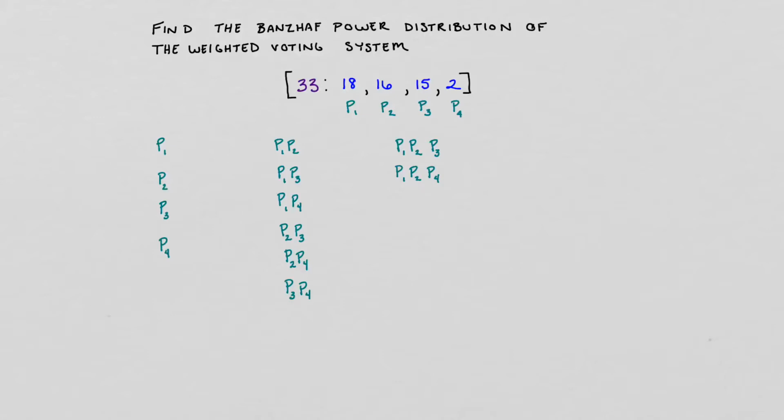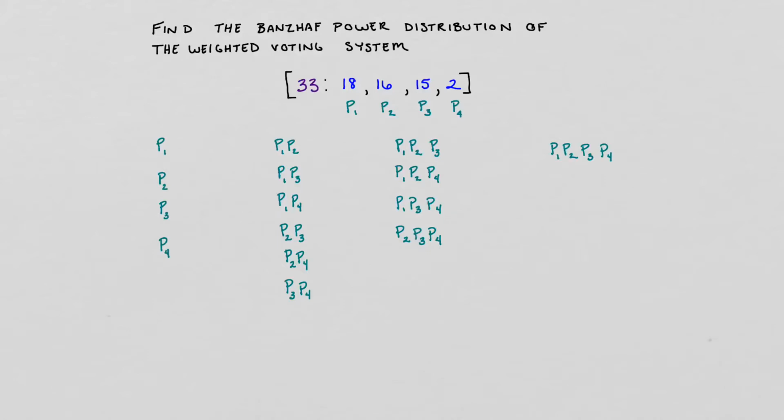So I've exhausted that, so now I'm going to do player 1, player 3, player 4, and then lastly there's just player 2, player 3, and player 4. The last group that we can look at would be if all of them were on board. So this would be player 1, player 2, player 3, and player 4.